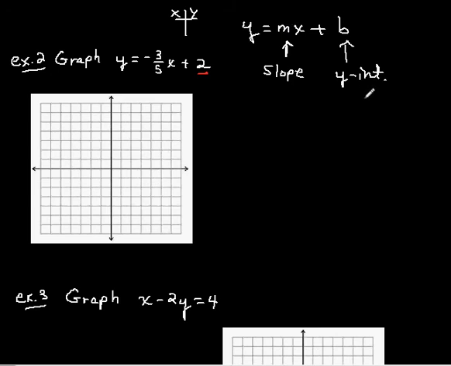Stick to alphabetic order. So the first thing you do is find your y-intercept and plot it or graph it. So I found it. There it is, 2, and I'm going to plot it. Put my 2 in there. Okay, the second thing you're going to do is find your slope.